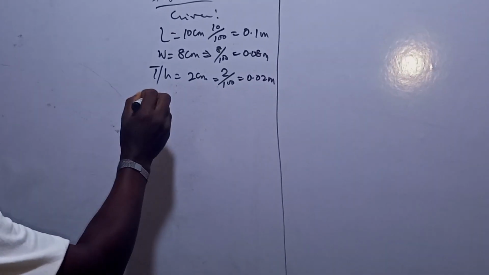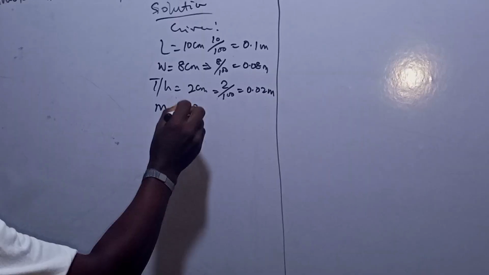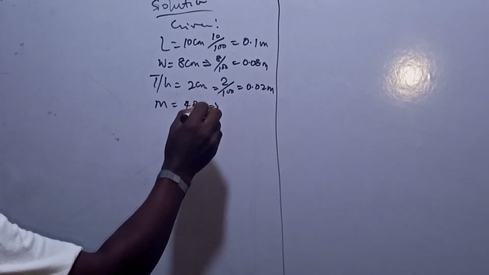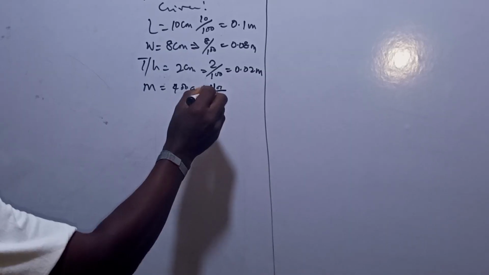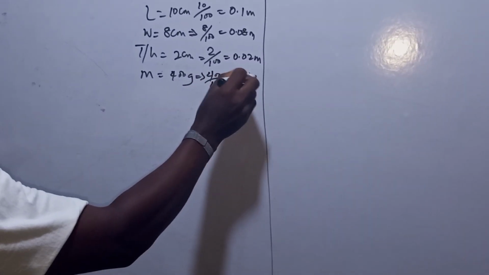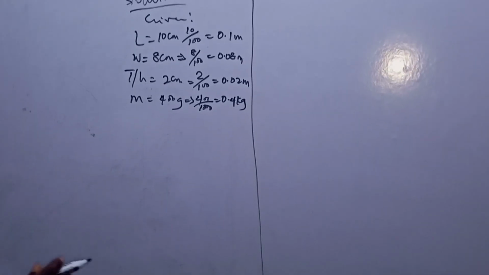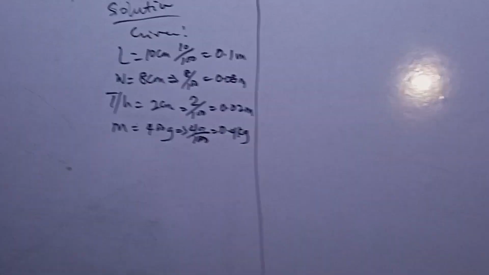Now we have the mass as given to be 400 gram, which will also be converted to kilogram, divided by 1000, that's 0.4 kilogram. If you have gotten up to this, you have gotten like 50% of the solution of the problem.